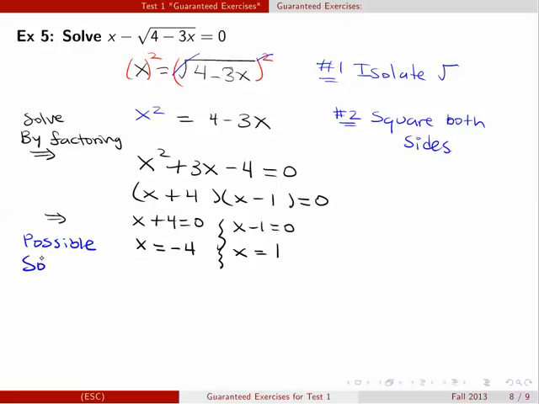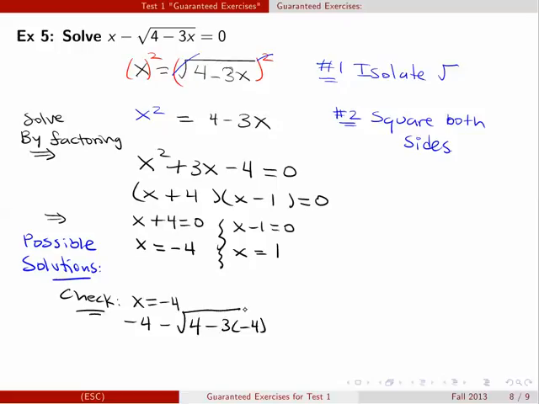What happens is we might have invalid solutions, so we need to check to make sure that we remove any invalid solutions. So when we plug in negative 4 in both sides of the equation, we have x is negative 4 and this should give us 0.